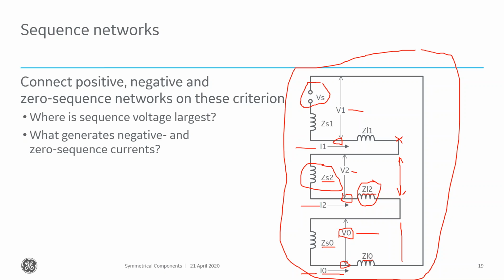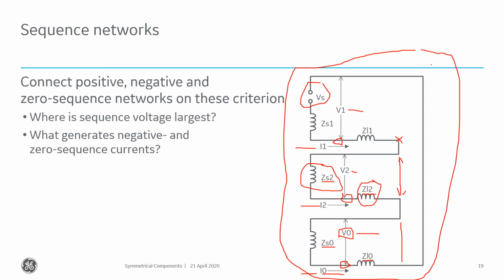In reality, the source for negative and zero sequence quantities is the fault itself, and that's what generates those quantities. There isn't a source in the negative sequence and zero sequence networks, only in the positive sequence. So it is that unbalanced load or that fault that generates negative sequence and zero sequence quantities.